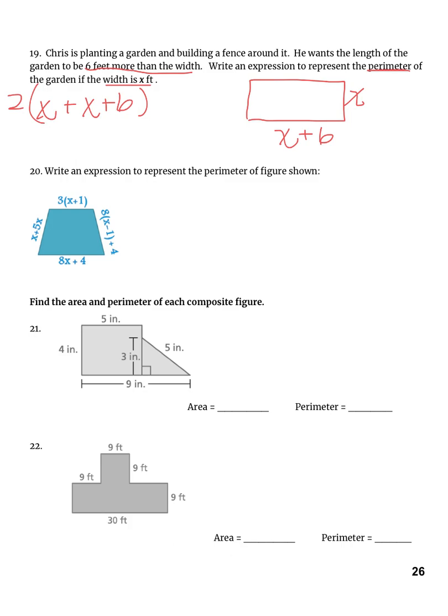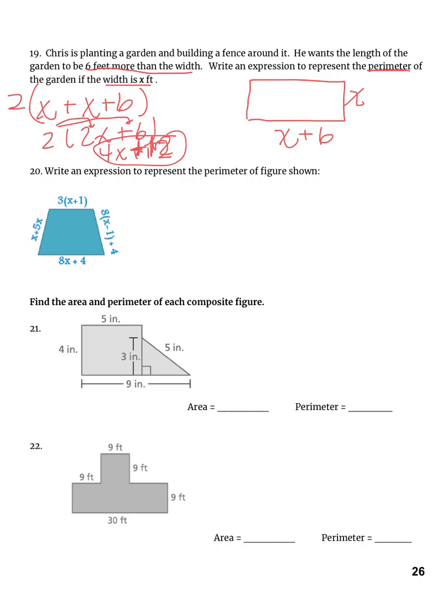And now I can simplify the parentheses, so that would give me 2 times (x plus 6), and then I can distribute and do 2 times x and 2 times 6, so 2x plus 12. Hmm, the expression is 4x plus 12, and that makes sense, right? Because I would have 4 x's going around and 6 plus 6 is 12. So the perimeter would be 4x plus 12.